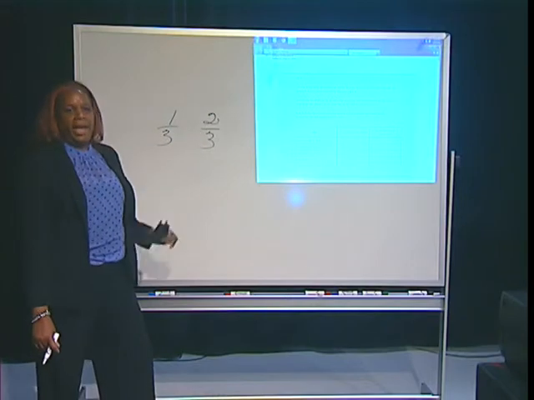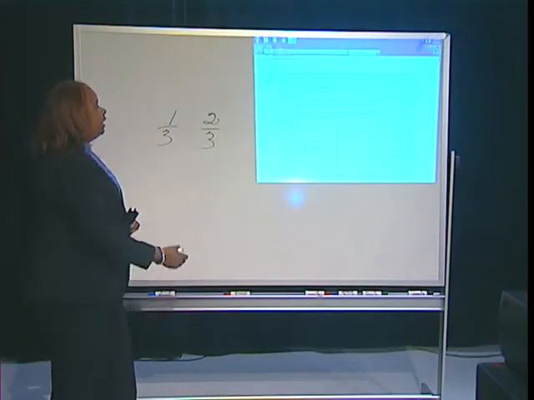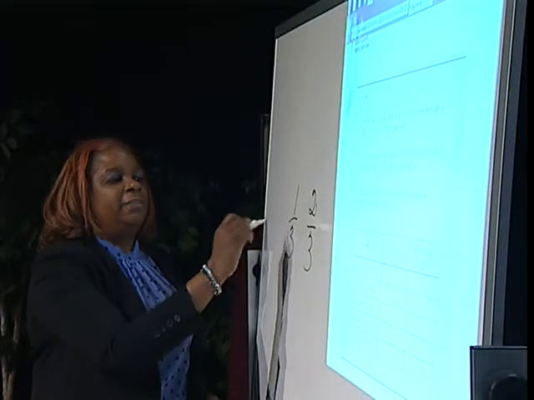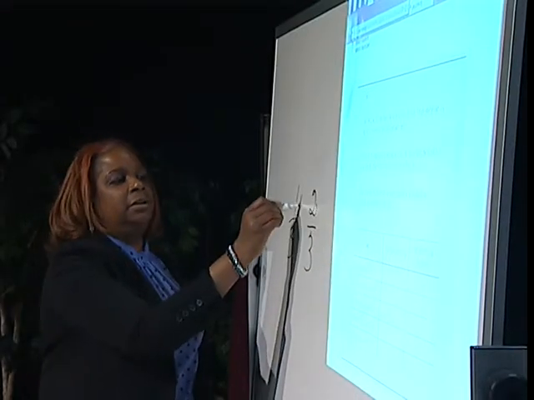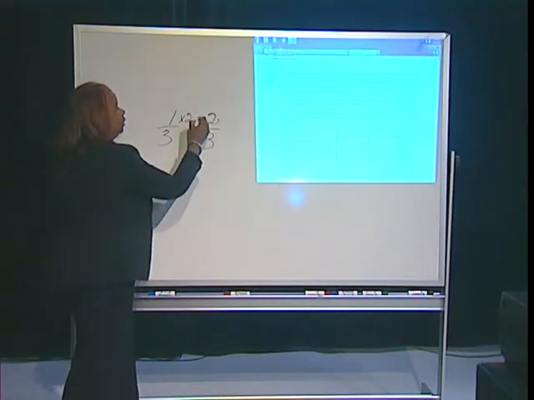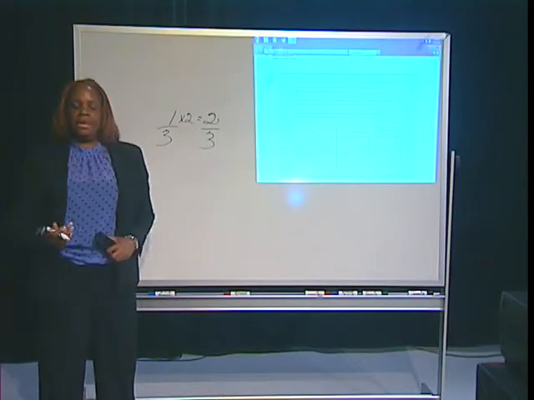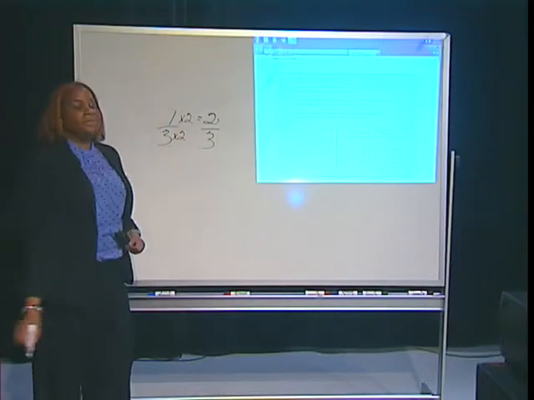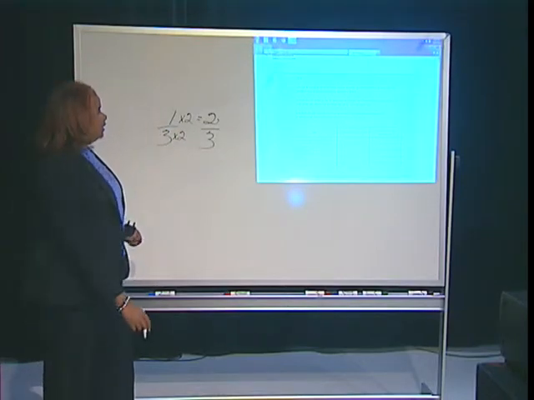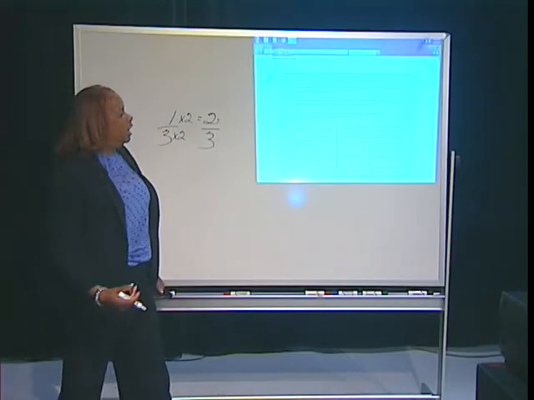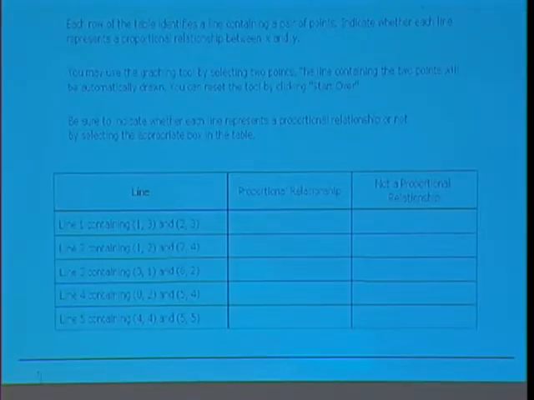We cannot have 2/3 because if I took 1 times 2, it does equal 2. But if I did the same thing to the denominator, times 2, it does not equal 6. So I will be checking this off as line 1, not a proportional relationship.